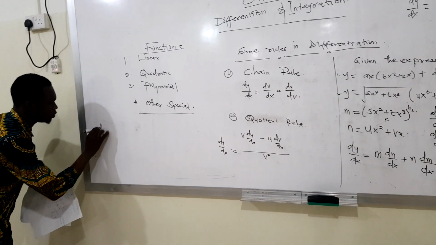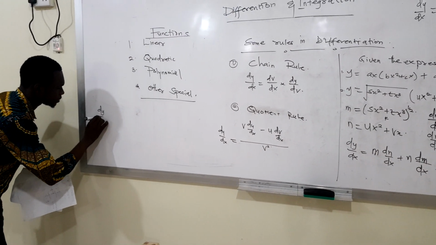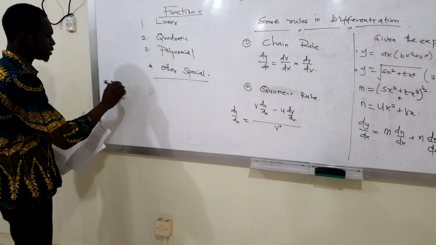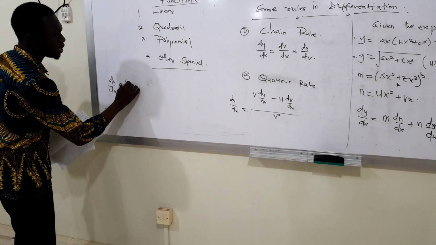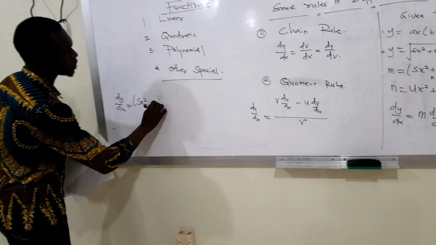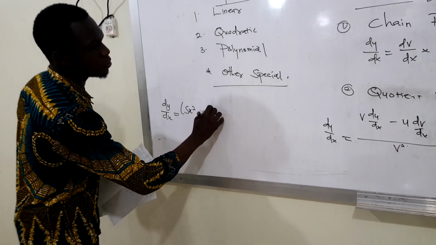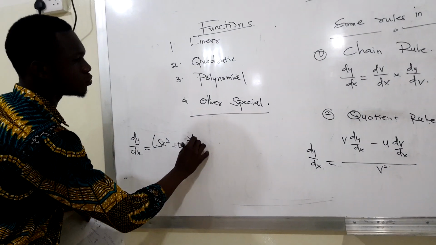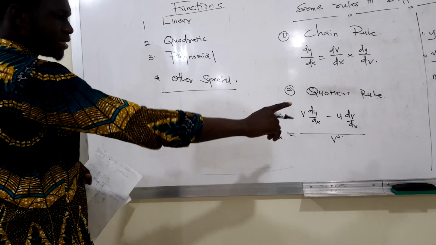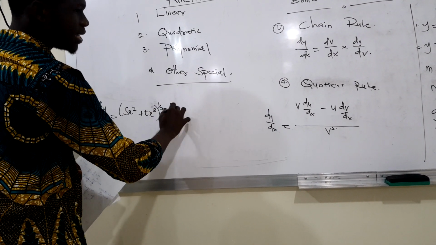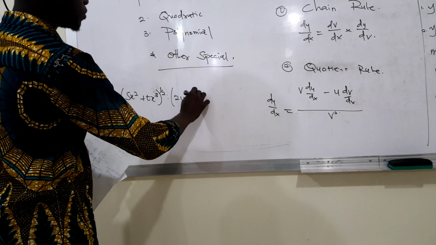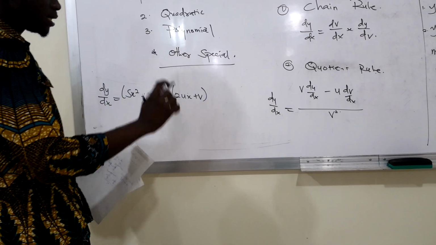Now, our dy dx is simply going to be, our m is sx squared plus tx cubed, all 1 on 2, then multiplied by the dn dx, and our dn dx was given to us by 2ux plus v.